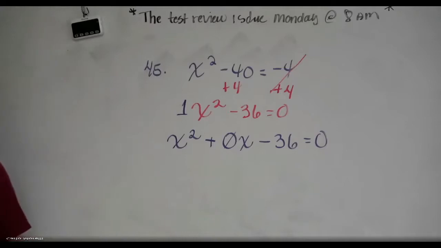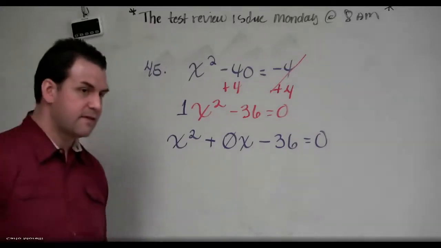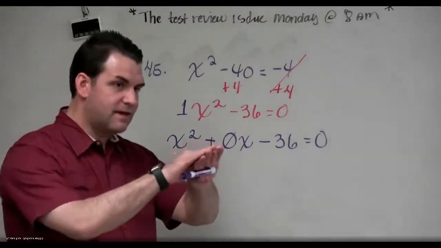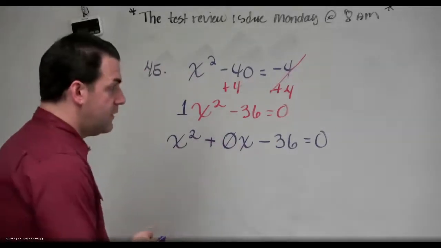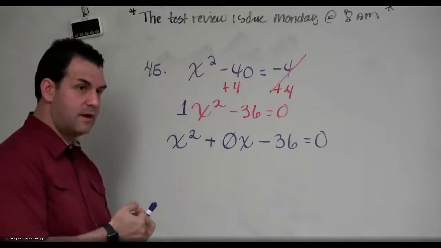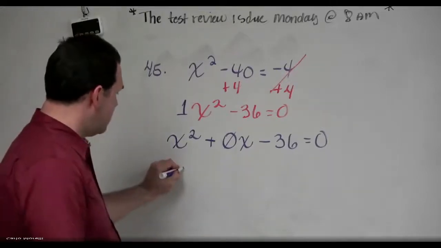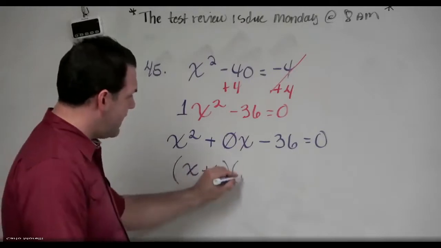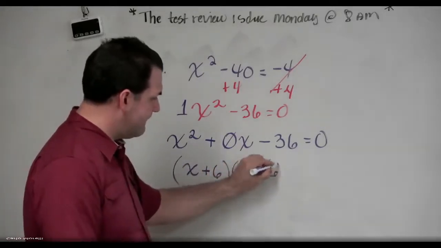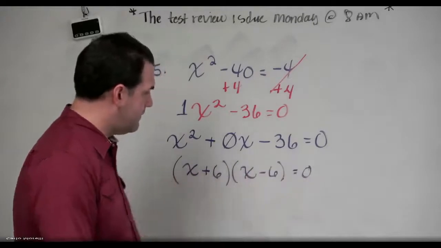How about 6 and negative 6? So they add together, they annihilate one another. The sum is 0. The product is negative 36, right? So it's x plus 6 and x minus 6 equals 0.